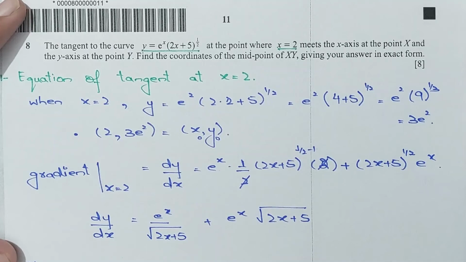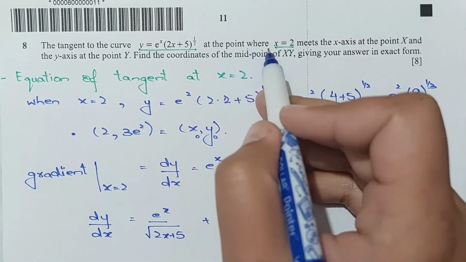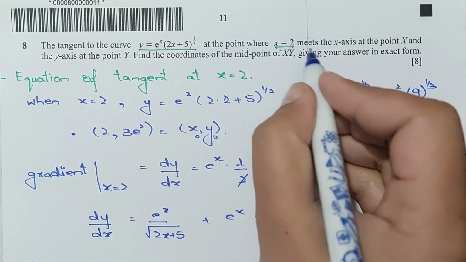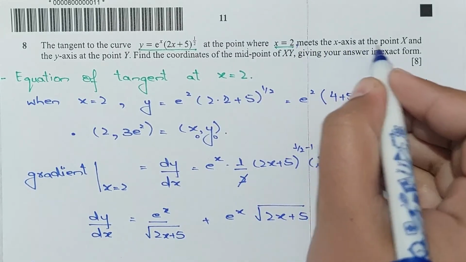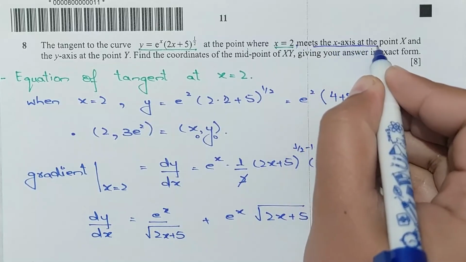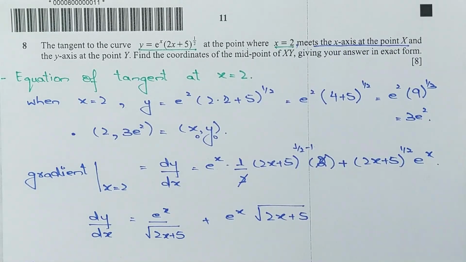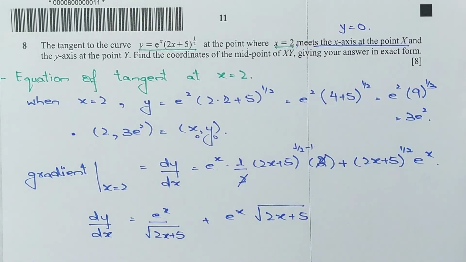Let's read the rest of the question. The tangent to the curve at the point where x is 2 meets the x-axis at the point X. When it meets the x-axis, it means the y component should be equal to 0.